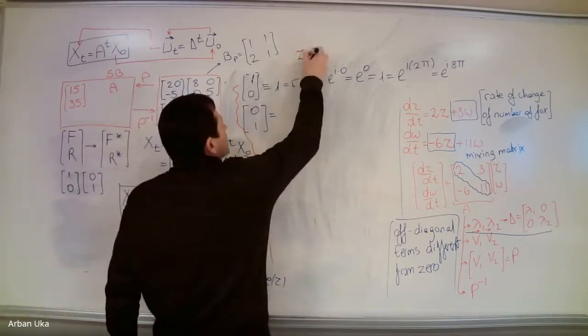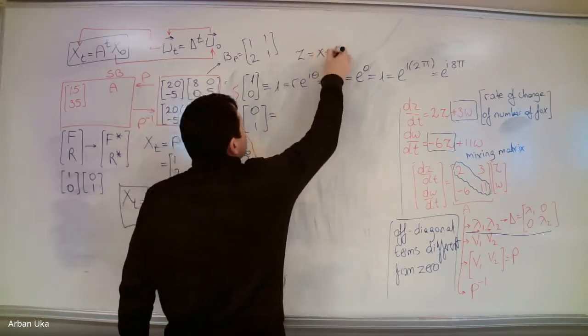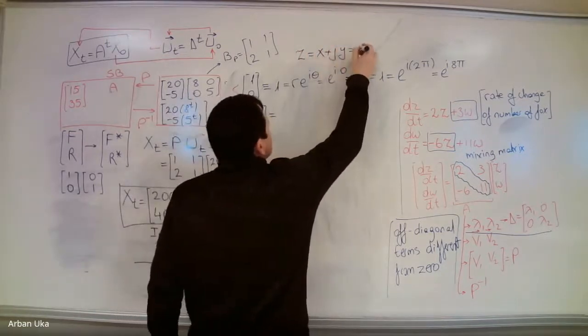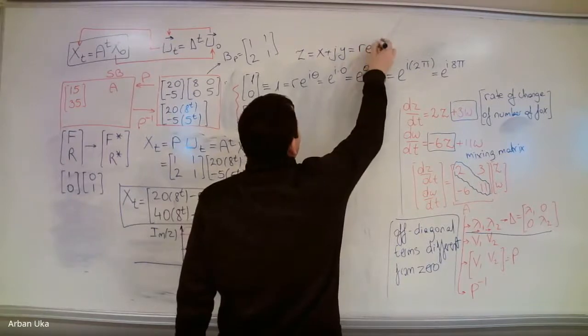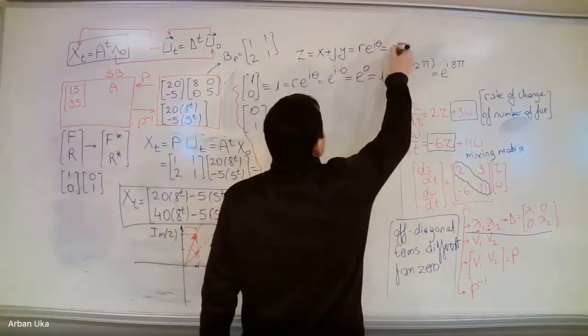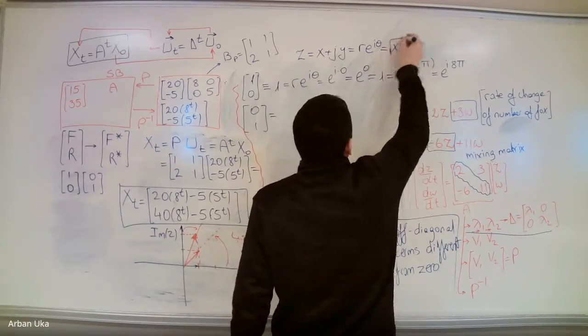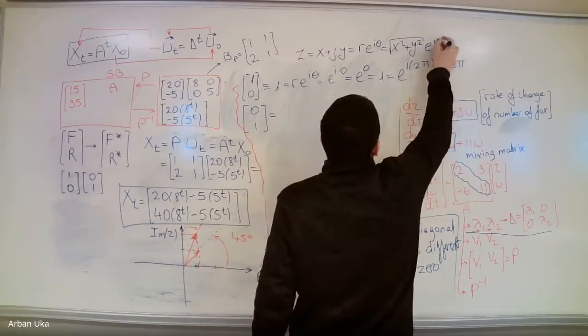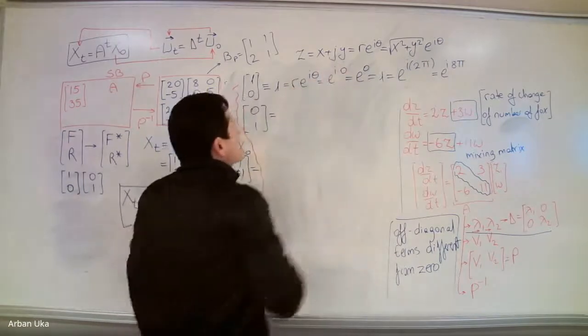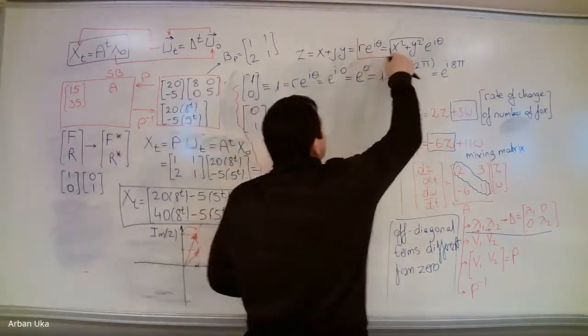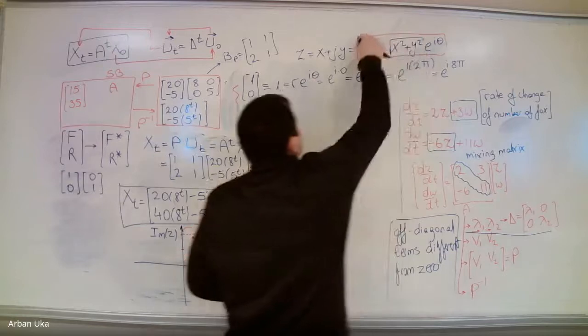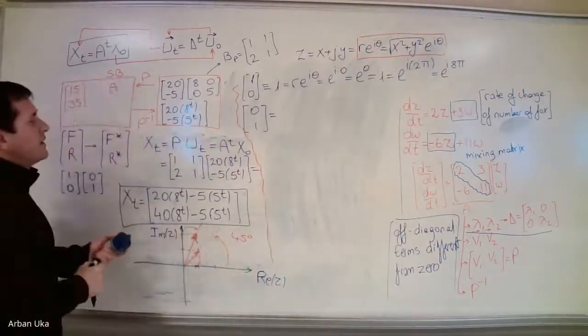We have a z, it can be written x plus jy, and this is also equal to r e to the power i theta, and this is equal to the square root of x squared plus y squared, times e to the power i theta. Now, this one is the polar representation.